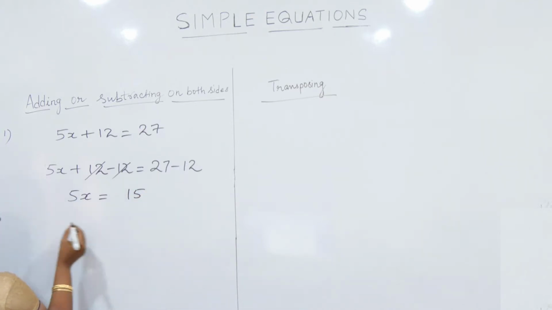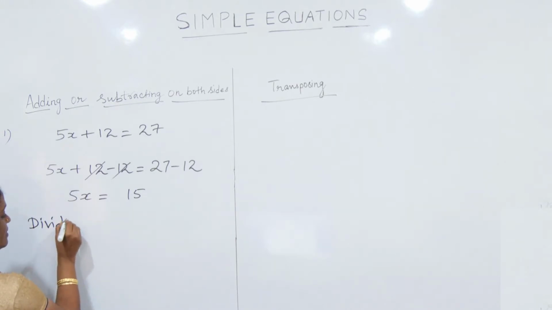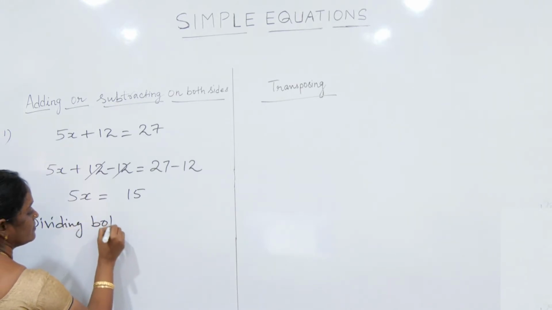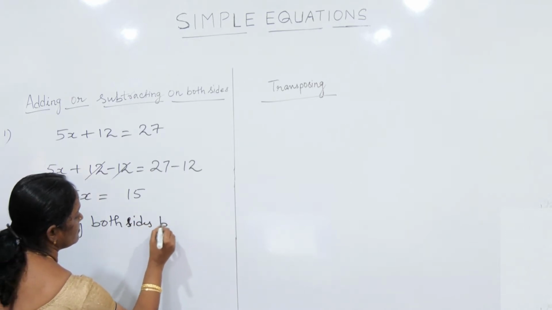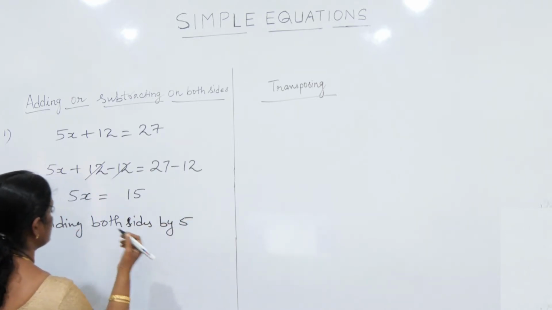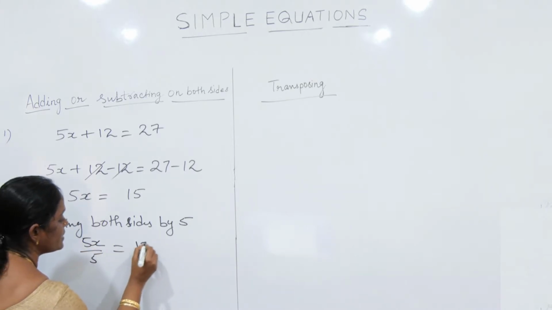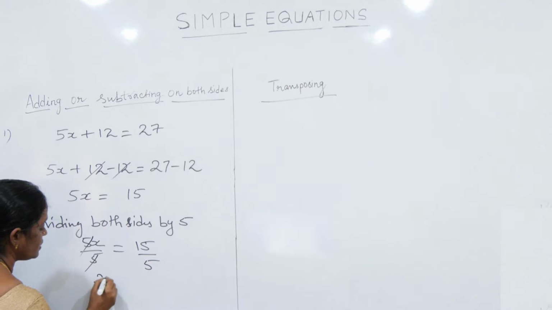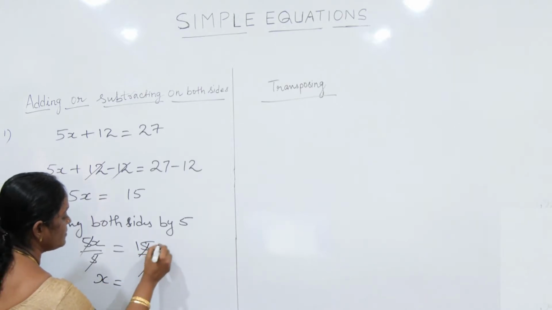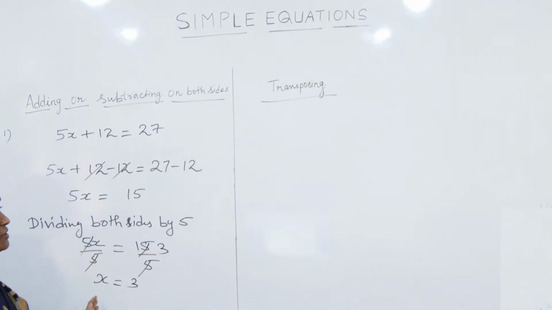Next, dividing both sides by 5: 5x divided by 5 is equal to 15 divided by 5. So here 5 gets cancelled, and x is equal to 15 divided by 5, which is 3. So the solution to the equation is x is equal to 3.